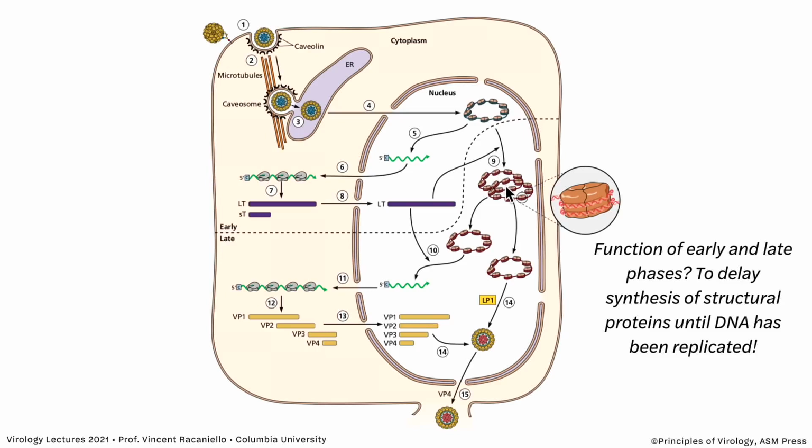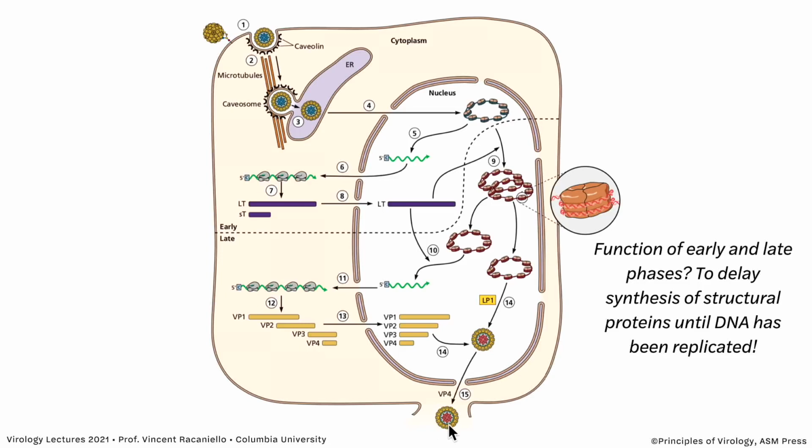And once DNA replication starts, and you have enough DNA copies to titrate out IBP, then you can get late protein transcription, which is down here in step 10. And that mRNA goes out in the cytosol and encodes the capsid proteins. Those proteins have to go back in the nucleus because the virus is going to be assembled in the nucleus. You take the newly made DNAs, the capsid proteins, you make new particles, they get out of the nucleus and eventually out of the cell.